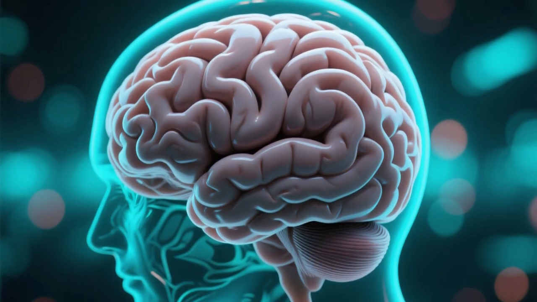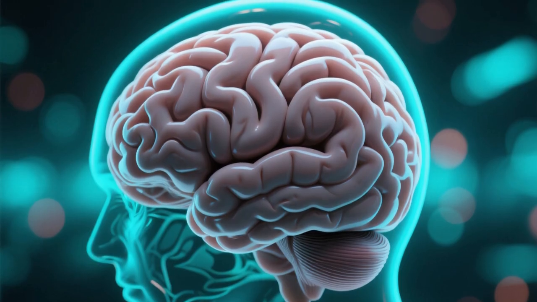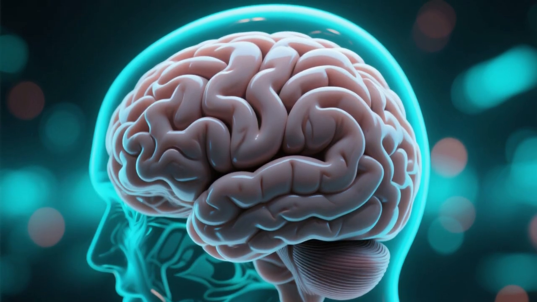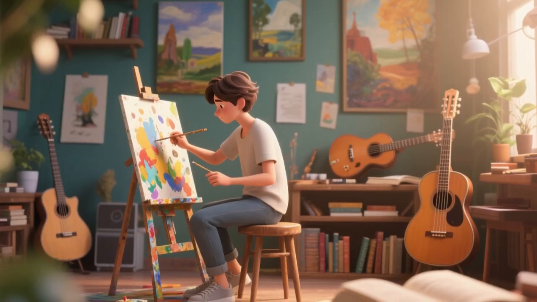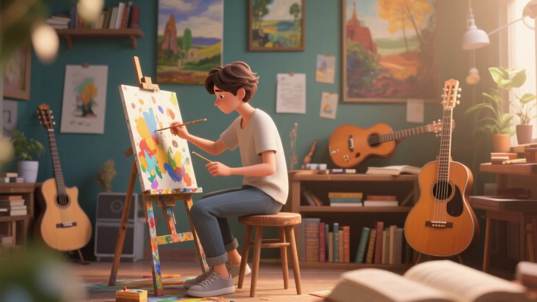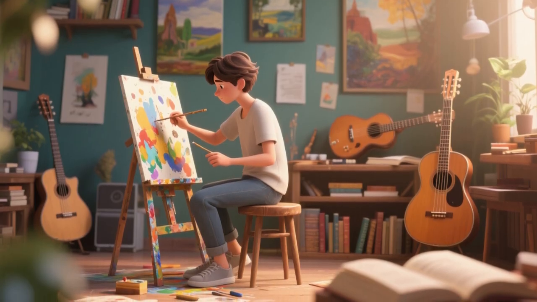Despite its complexity, the brain is also highly adaptable and can change and grow in response to experiences. This process is known as neuroplasticity and allows us to learn new skills and form new memories throughout our lives.